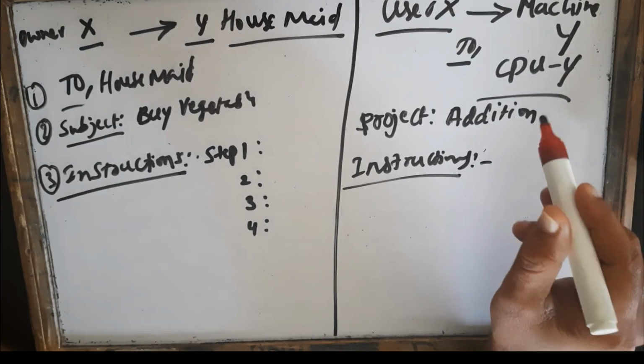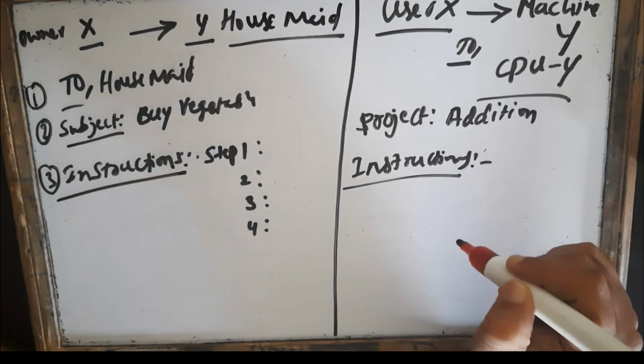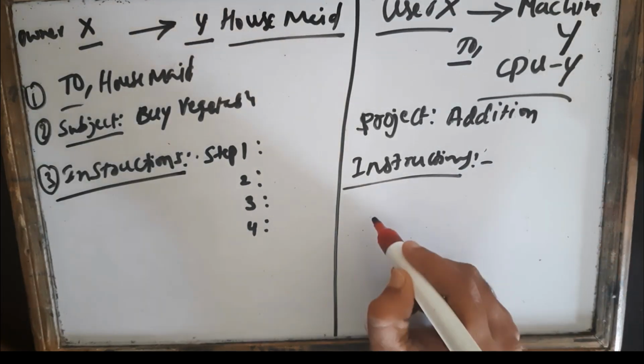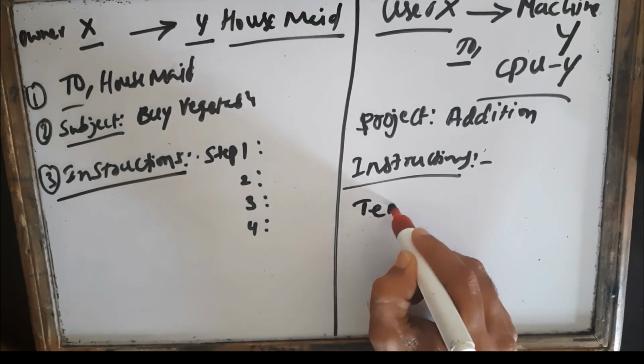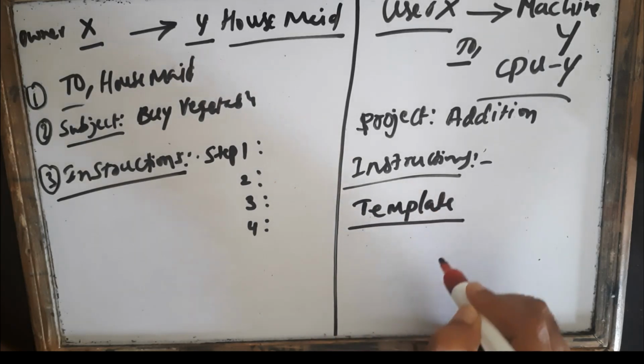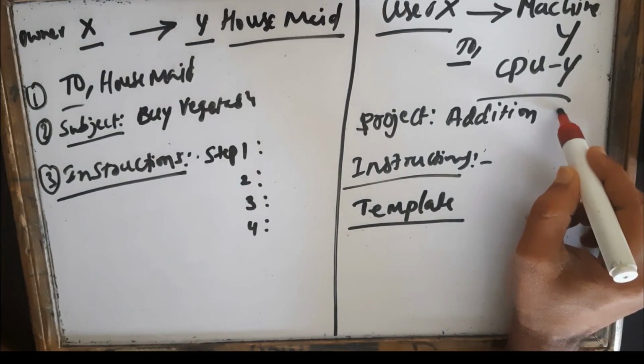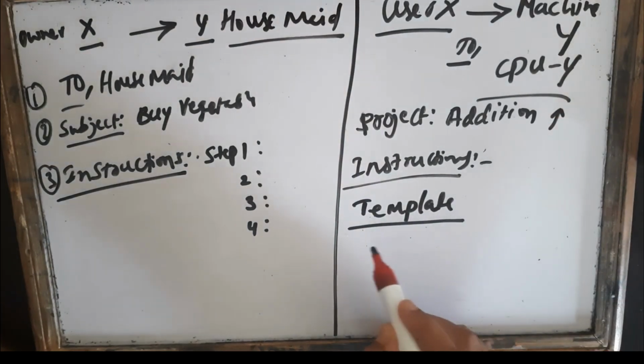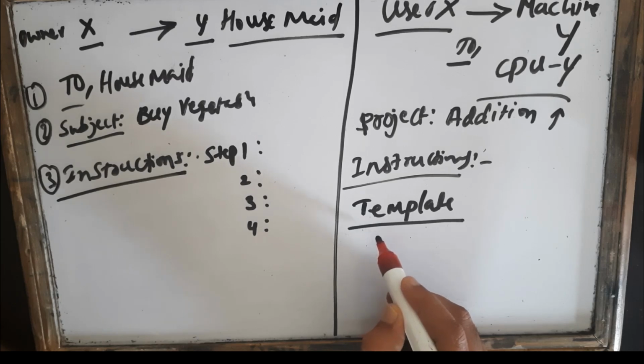But for the machine, to write it in C language, we have a template. We call it template. We need to follow this template to give it to the CPU Y. So we start with hash.